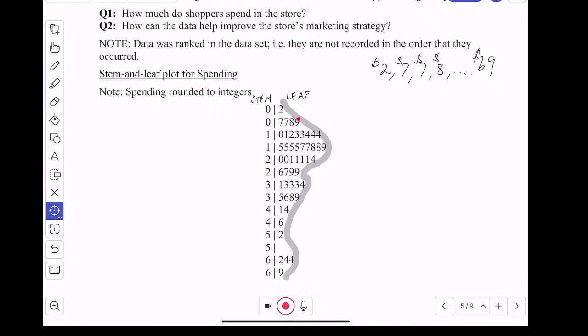This is a group of shoppers that spend a low amount of money. There's the middle group that spends a medium amount of money, and then there's the high spenders here. The more they spend, the fewer shoppers there are that spend that much.